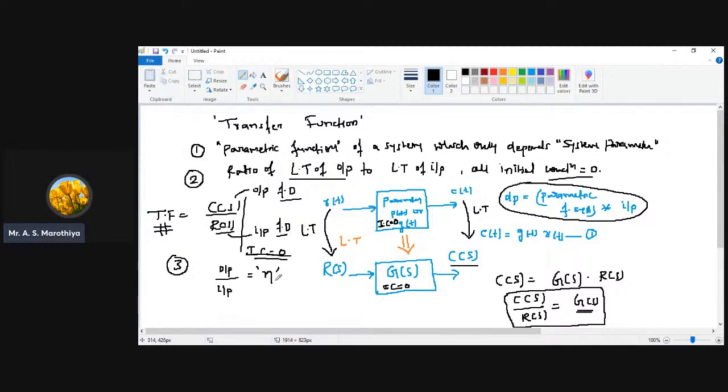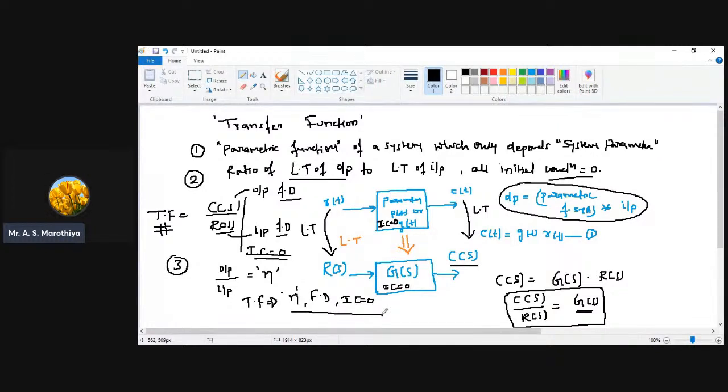So I can write here: transfer function is a way to represent the efficiency of the system but in frequency domain, assuming all initial conditions to be 0. This is the third way or third terminology through which we can define the concept of transfer function. So transfer function is the efficiency of the system in frequency domain by assuming all initial conditions to be 0.